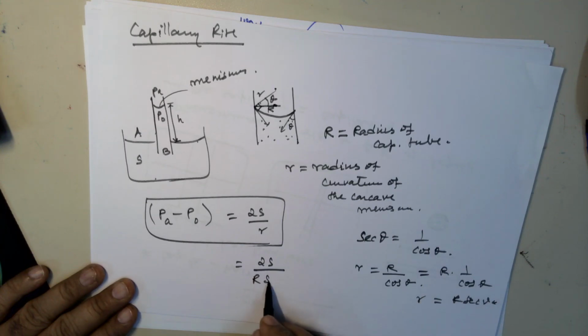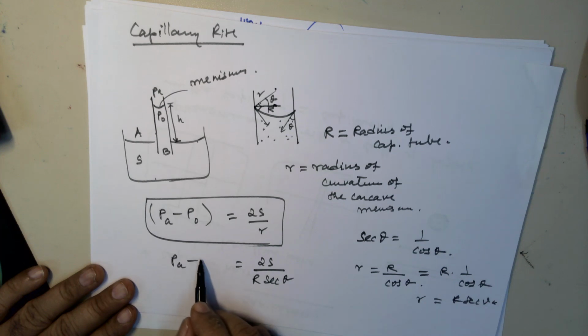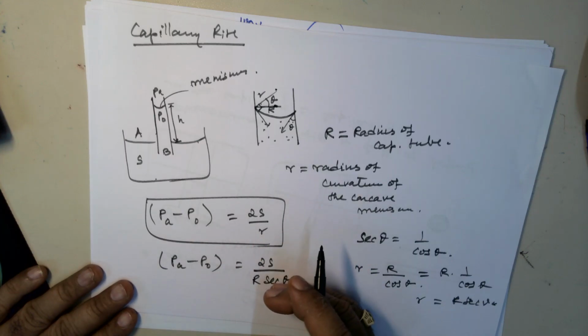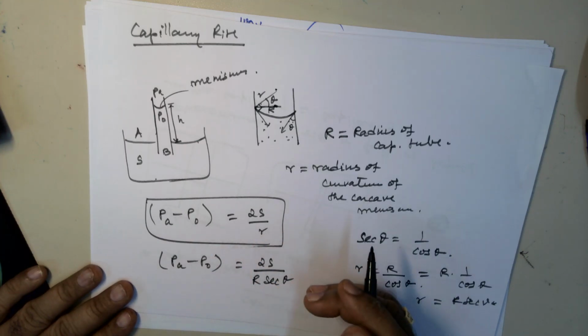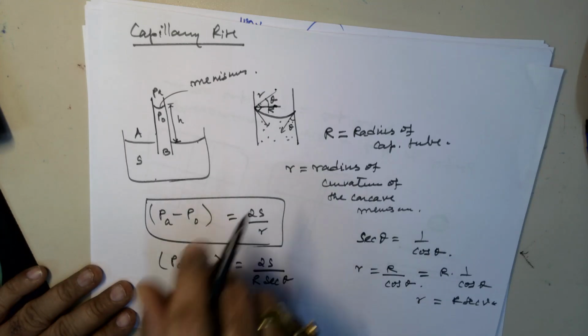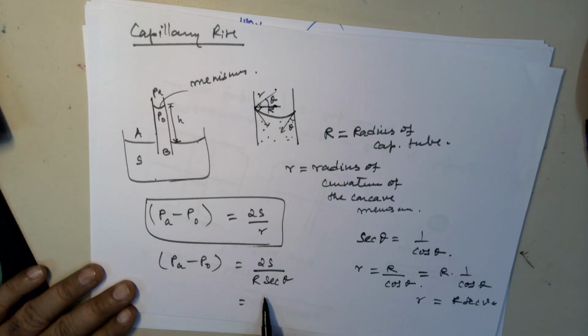R secant theta, that is equal to PA minus PO. Now, 2S divided by R secant theta. Now this secant theta once again can be interpreted as cos theta also. Okay, so how?